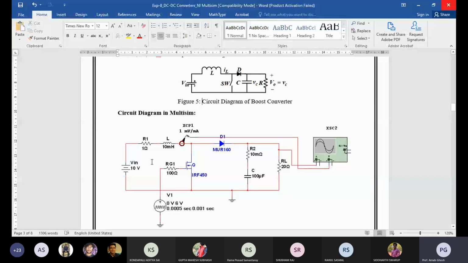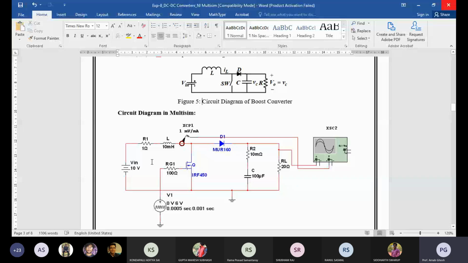But in the boost converter, the switch is altered. The diode goes to the place of the inductor, the control switch, the MOSFET, comes to the diode position, and the inductor is shifted nearer to your input voltage.